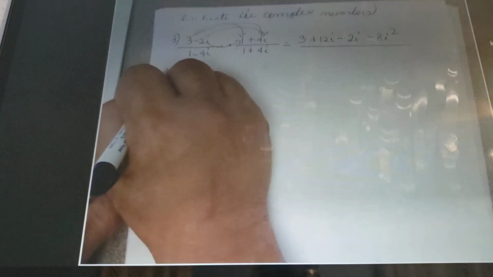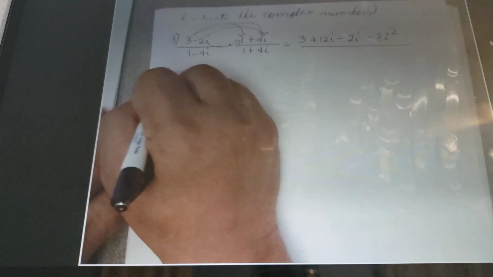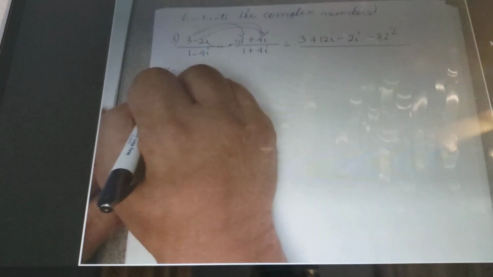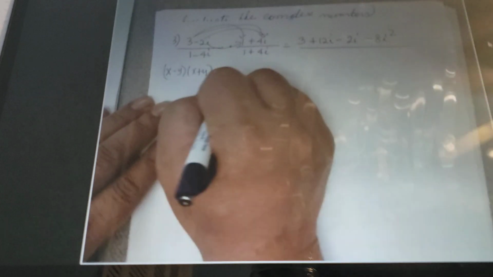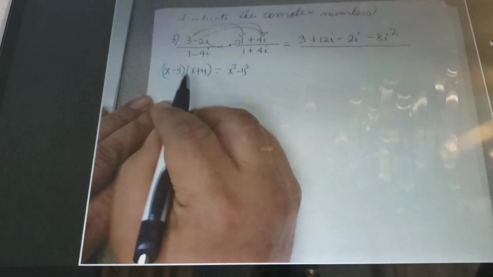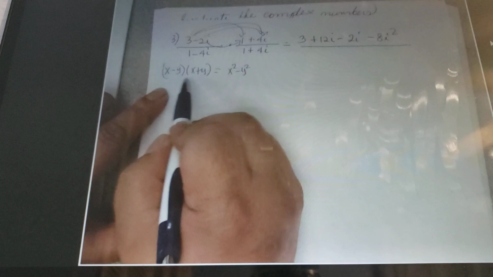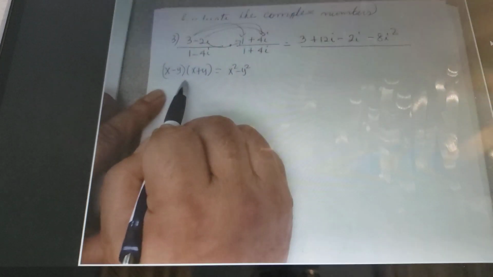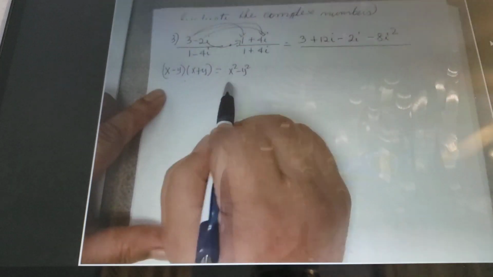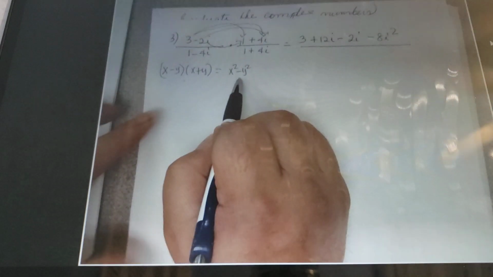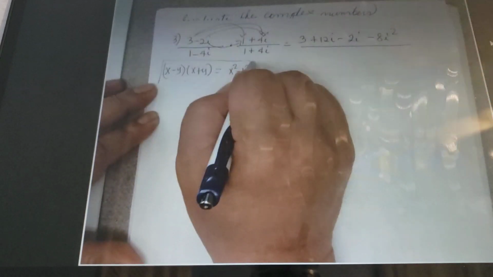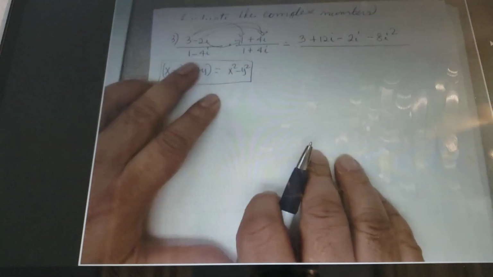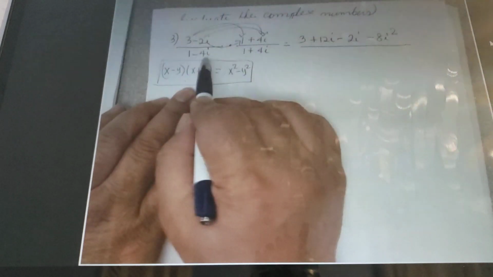Now we have the formula: x minus y times x plus y is equal to x squared minus y squared. This is the product of the sum and difference of two binomials. It is just a special product so that you can get the product right away. So we're going to use that formula, not individual multiplication.